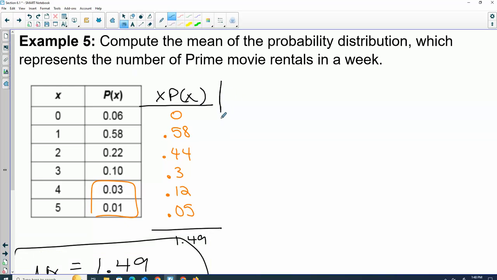I need one more column on this, and that is x squared p of x.